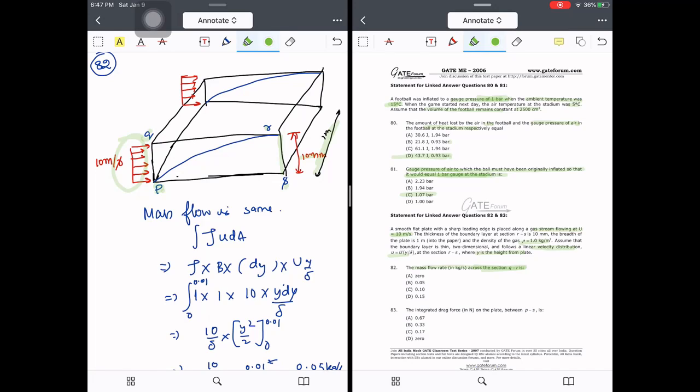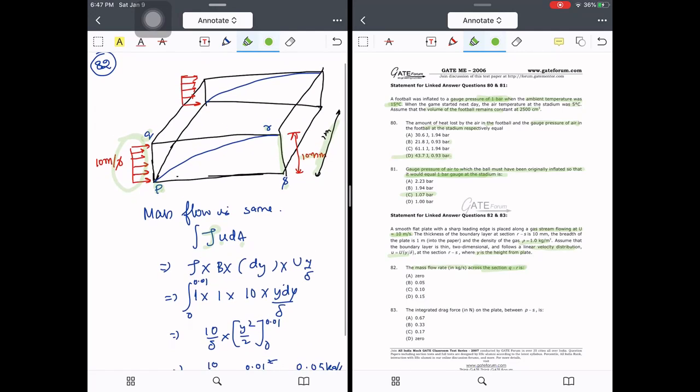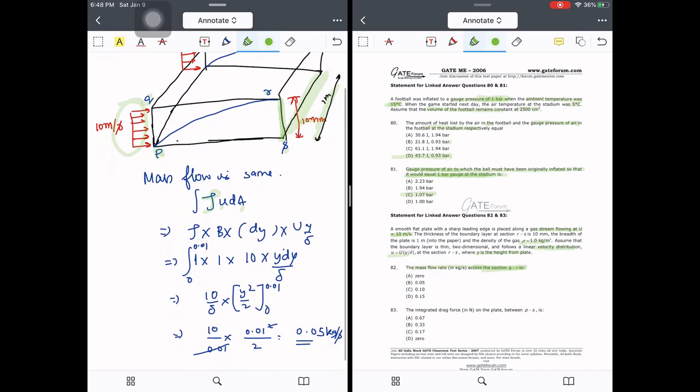Since the mass flow rate is constant everywhere, the mass flow rate at Q will be the integration of rho into u into dA. They have given u as capital U into y by delta. Now what is dA? dA is the width B, which is 1 meter, into dy, because y is varying.